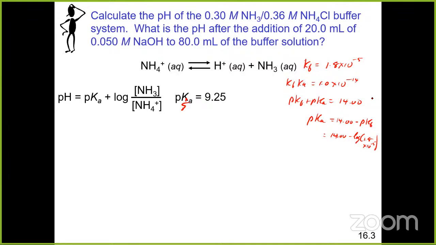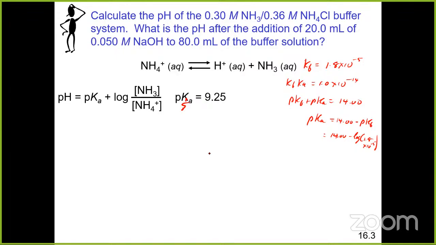So if you were to do this calculation, 1.8 times 10 to the minus 5, and if I were to find the minus log of that, that would be 4.74, and then I'm going to subtract that from 14, and that would be equal to 9.2.